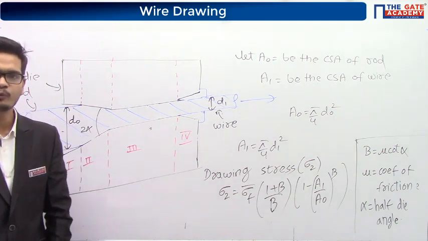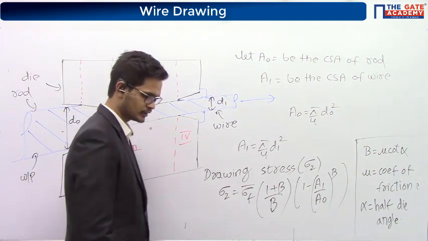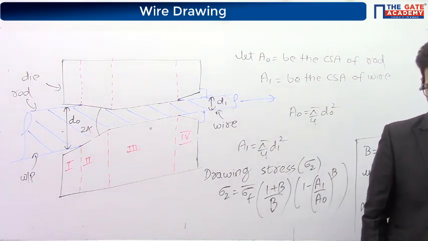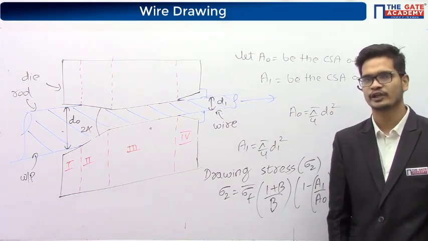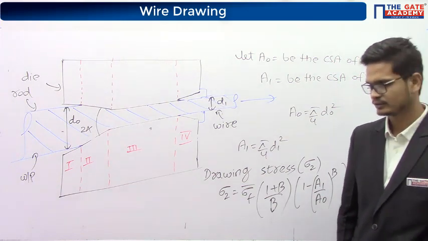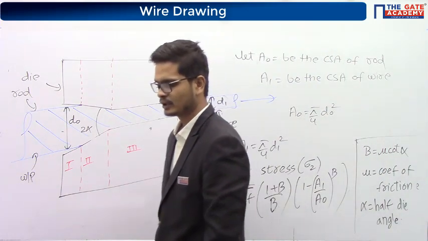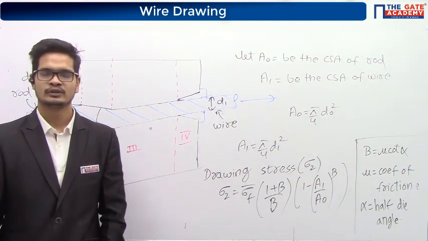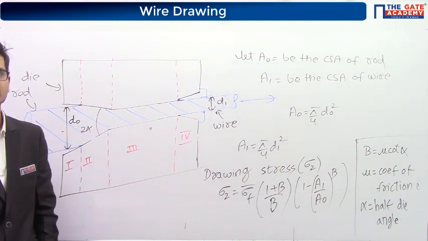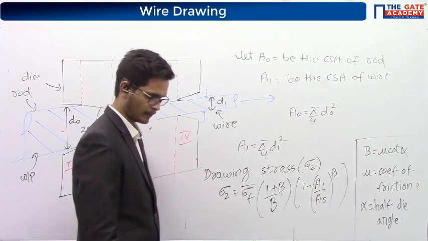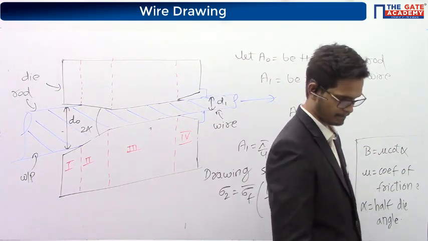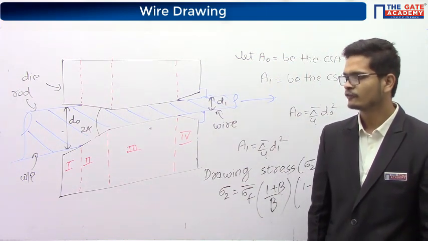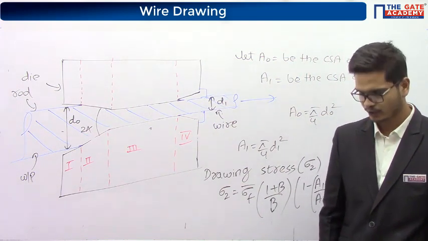And when the component is drawn through the dies by applying sigma 2, flow stresses are induced on the component.